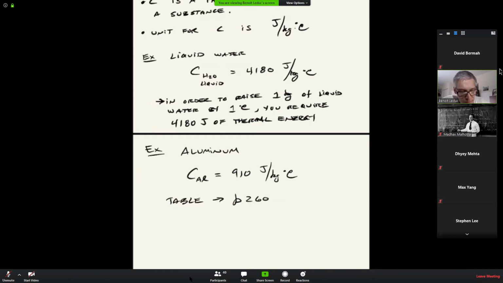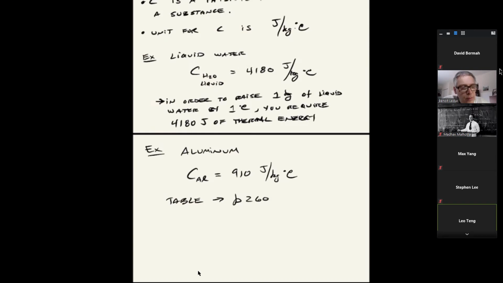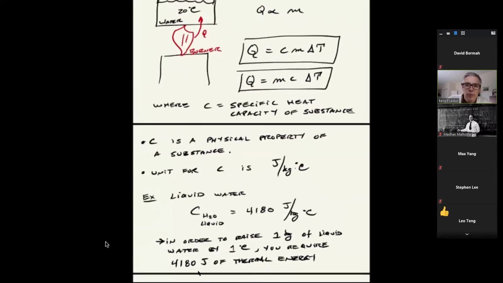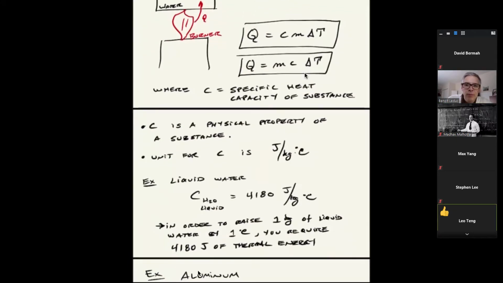Yes, Leo. How come the specific heat capacity is written with degrees Celsius, because everything else we learned in chemistry is always with Kelvin? Well, because it's a change in temperature. A change of 1 Celsius is the same as a change of 1 Kelvin. So that's what matters.